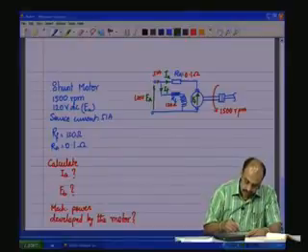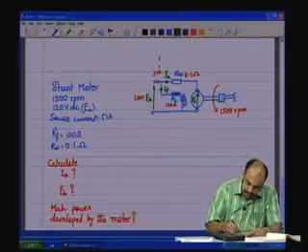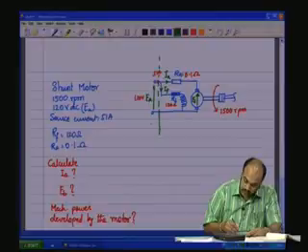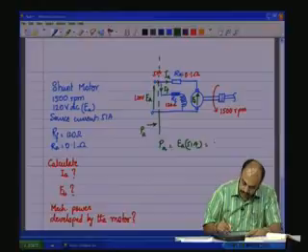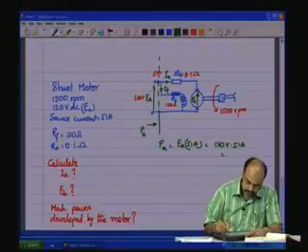So let us first find the power which is drawn from the source, P source. P source will be EA into 51 amps, which is 120 volts into 51 amps, which is equal to 6120 watts.